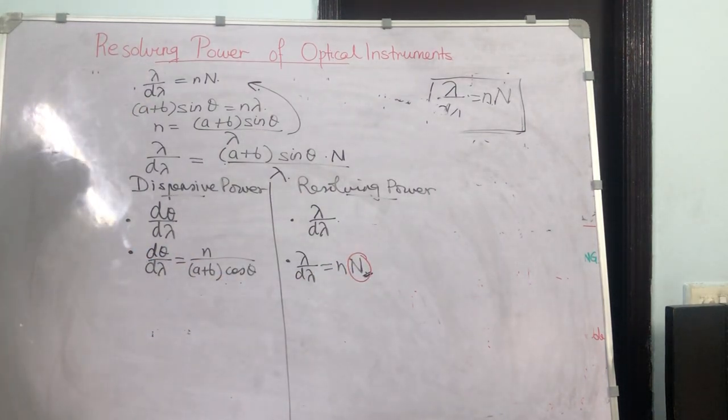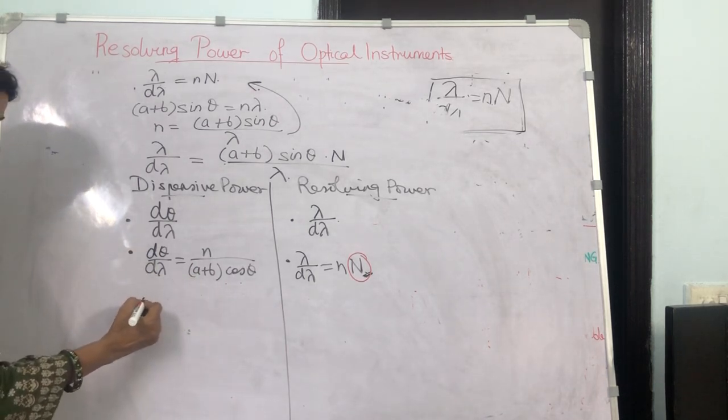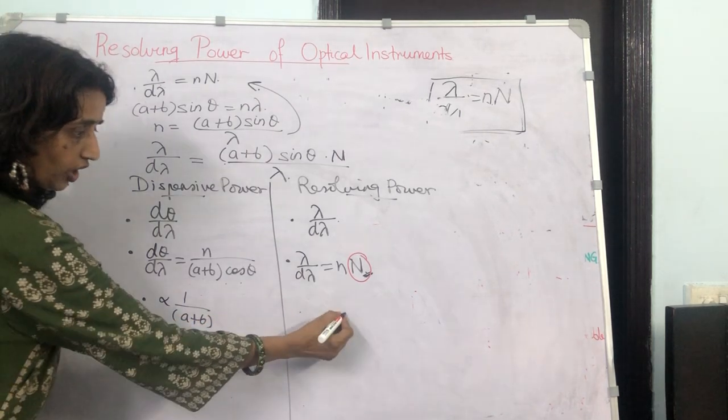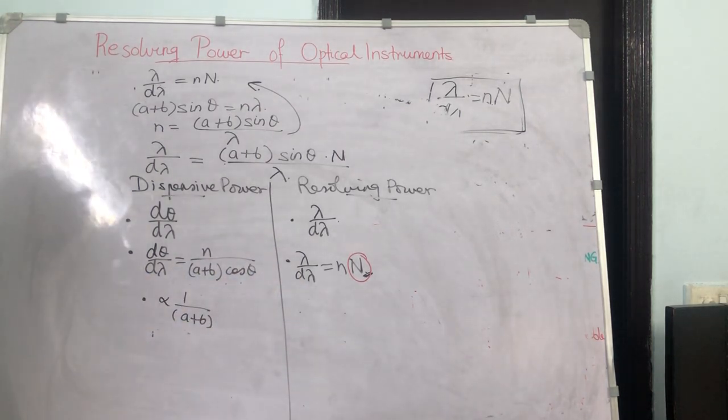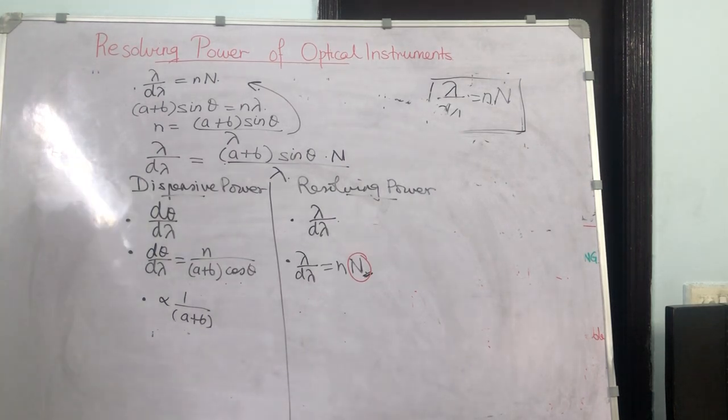Second, the dispersive power is depending upon the grating element. Here it is not depending upon the grating. That means resolving power is independent of the grating element. Thank you.